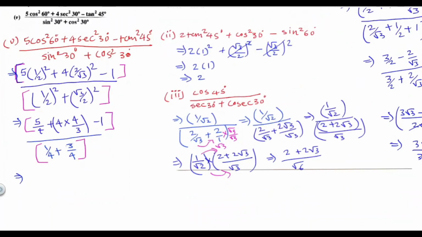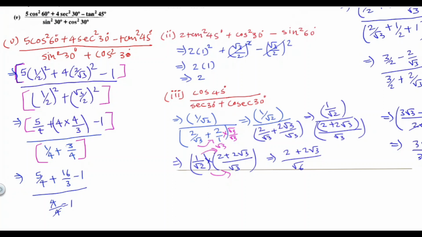Let's simplify a little bit more. So it is 5 by 4 plus 4 fours are 16, 16 by 3, minus 1. Okay, divided by 1 by 4 plus 3 by 4. So it is 4 by 4, which gives us 1.